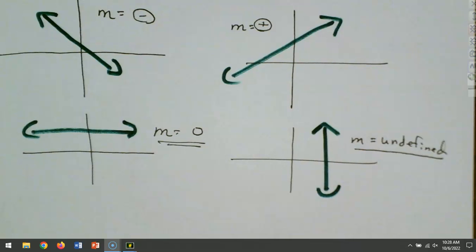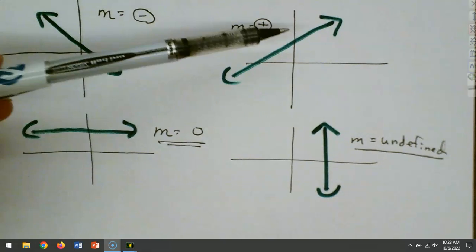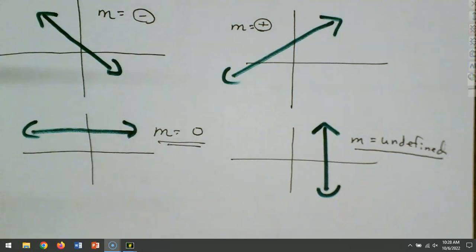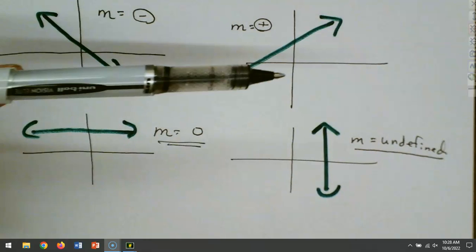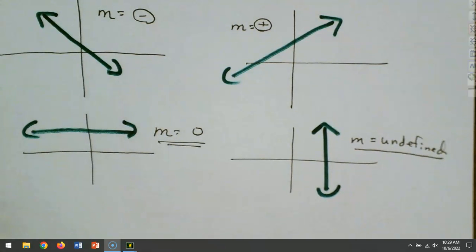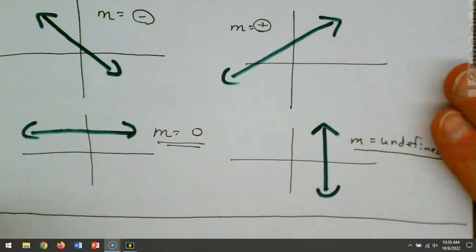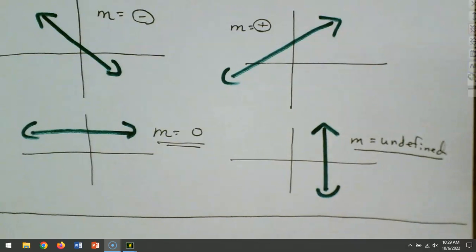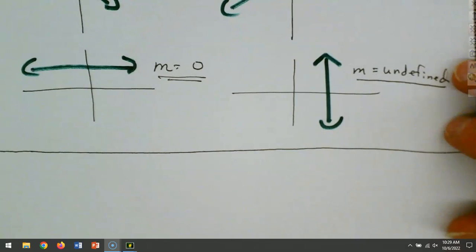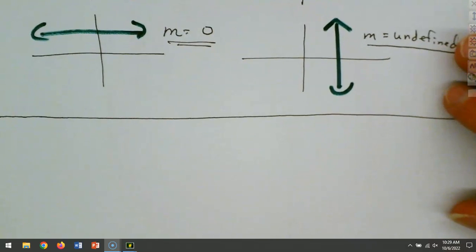So these are the 4 different outcomes that you can have: a positive slope, a negative slope, a 0 slope, or an undefined slope. So I just wanted to show you what the different slopes are. Now we're going to learn how to graph a line when you're given a point and a slope.